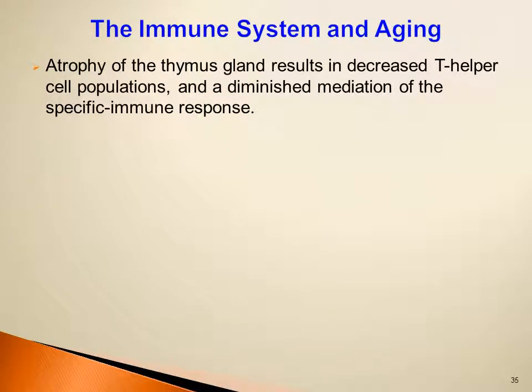What is the effect of aging on the immune system? With aging, atrophy of the thymus gland results in decreased T helper cell populations and the diminished mediation of the specific immune response.